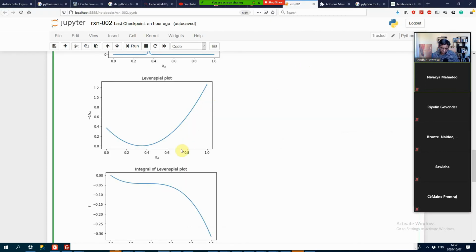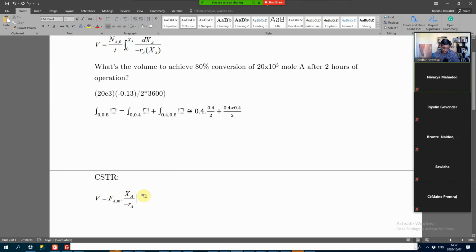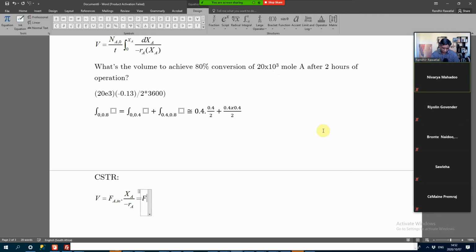Right, so here let's apply the same numbers. So we are going to say it's so many moles, and so let's say FA in is defined. So I'm just going to write it FA in. So let's say that's defined. Then we want a conversion of 0.8, so that's defined.